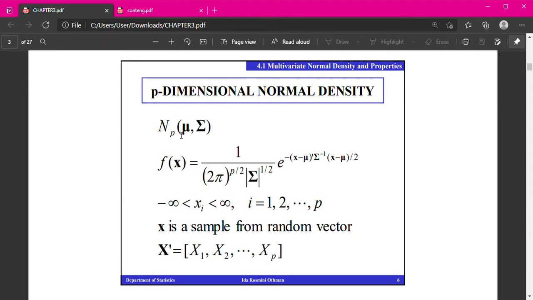Okay, so bila kita deal dengan multivariate, dia punya PDF akan berubah jugalah. Dekat sigma square tadi, kita akan gantikan dengan variance-covariance matrix. Right? Okay, kat sini tadi kan, x minus mu square kan, divide dengan sigma square. So, kita letakkan dia punya value square of the distance dekat sini.